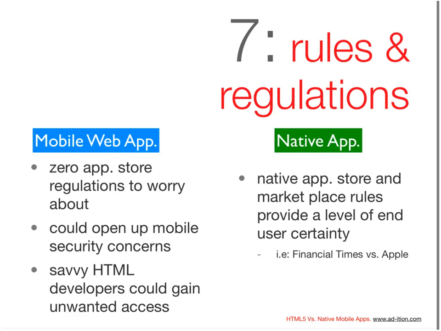Now, when you talk to folks at the Financial Times, they will tell you that it wasn't having to pay Apple that 30% bounty on the in-app subscriptions that caused them to pull out. What caused them to pull out, they said, was that when someone subscribes to the Financial Times, there's some key personal profile data that the Financial Times is able to collect: your name, age, the industry you work in, email address, that type of thing.